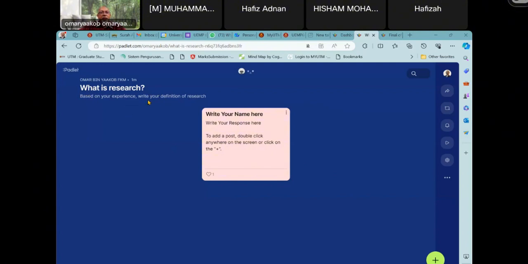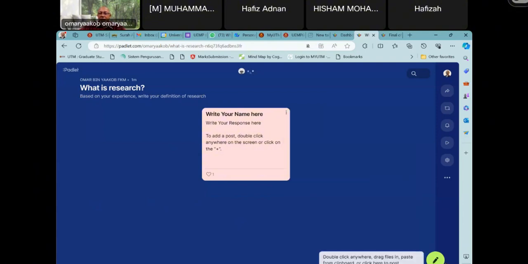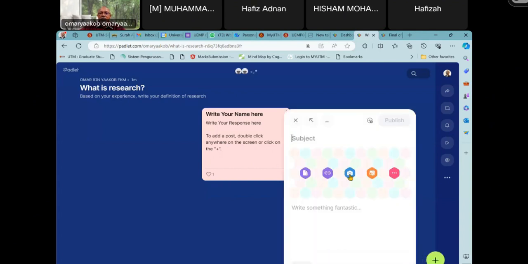Based on your experience, write your definition of research. So to open a post like this, you click on the green button here, or you can double click anywhere. If I double click here, then the window opens, or you can click on the plus here.